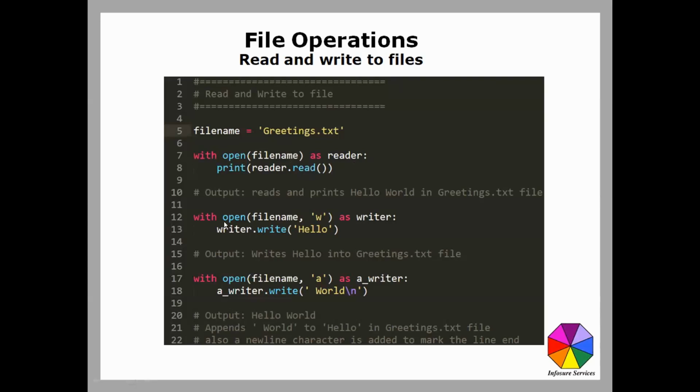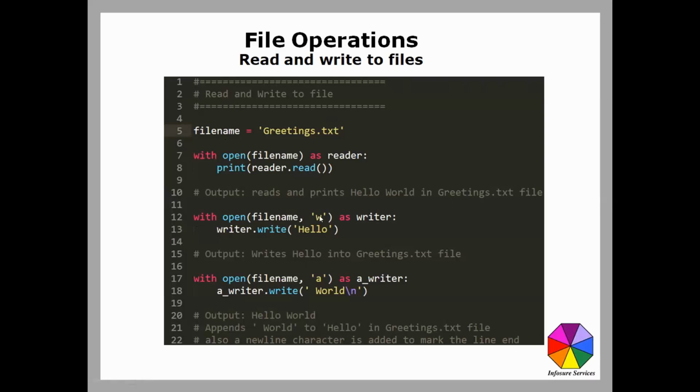Now, another operation with the file is to write into this file. You have this with open file name, which refers to this name, and there is a second parameter, write, which in this case is a single letter W.